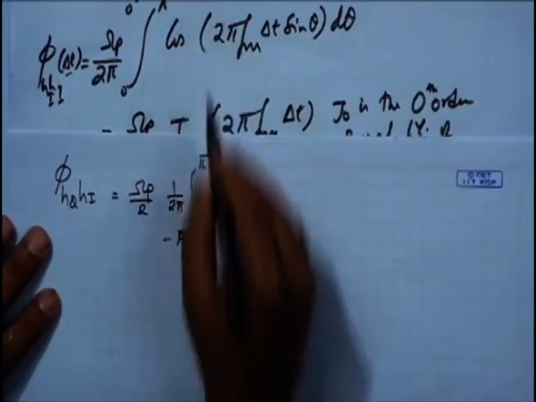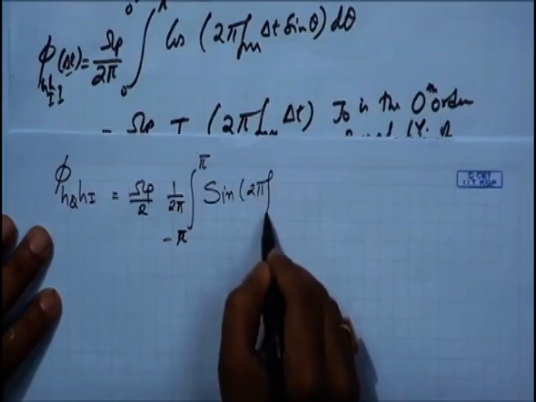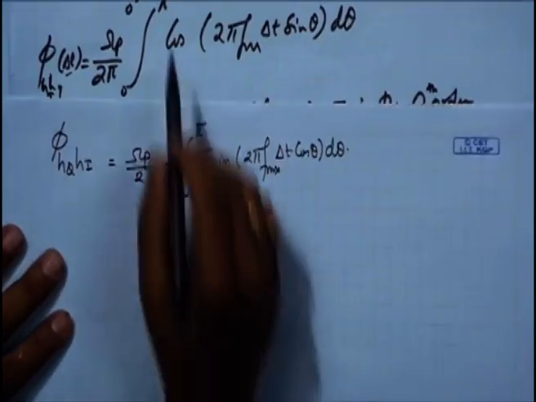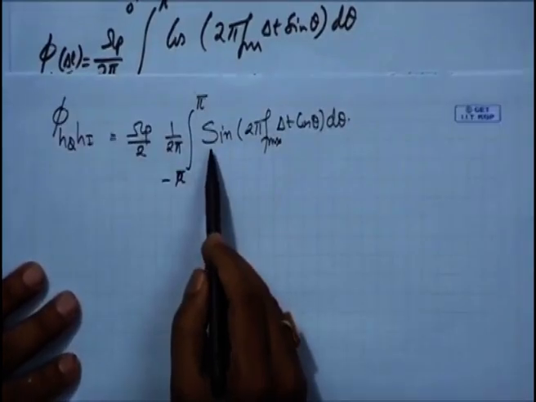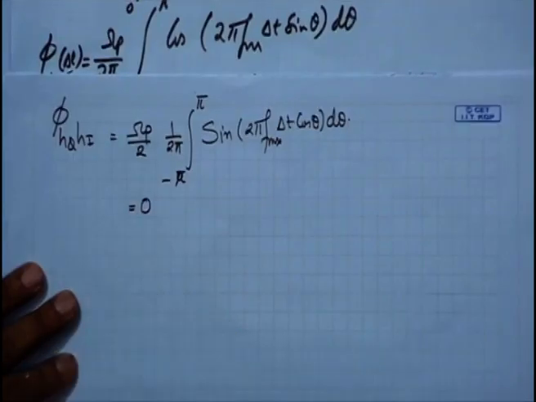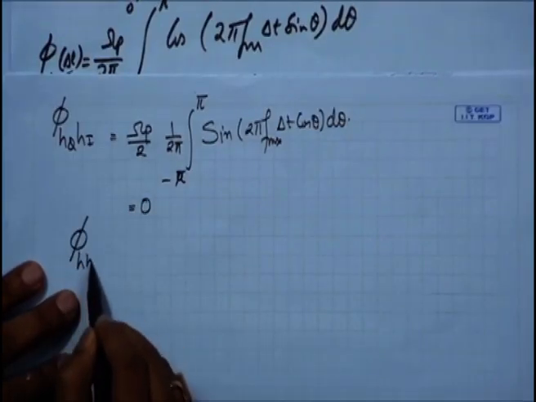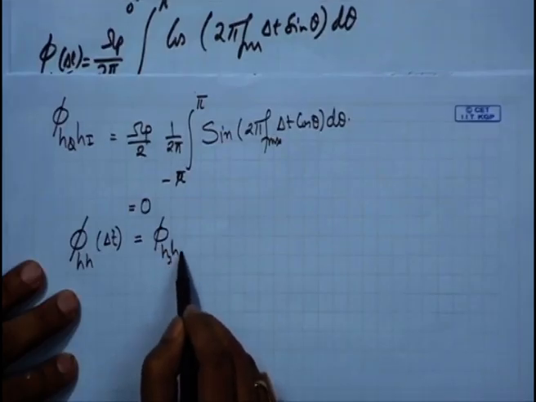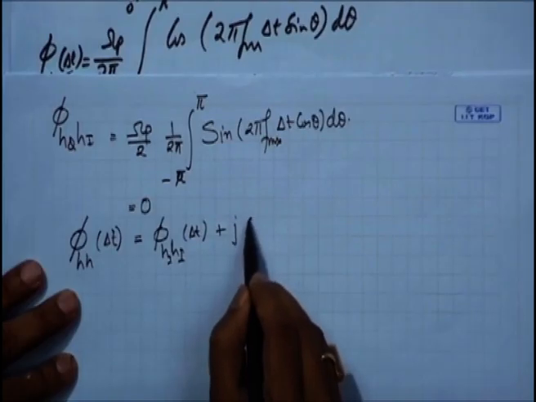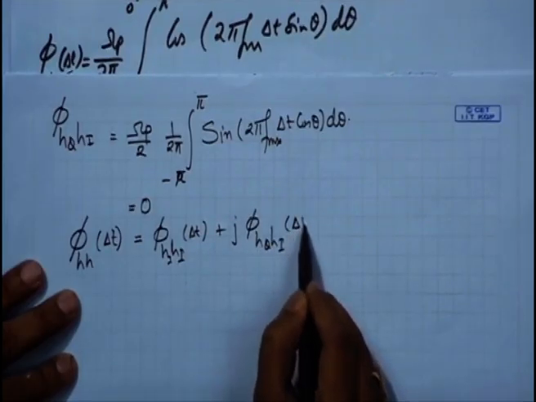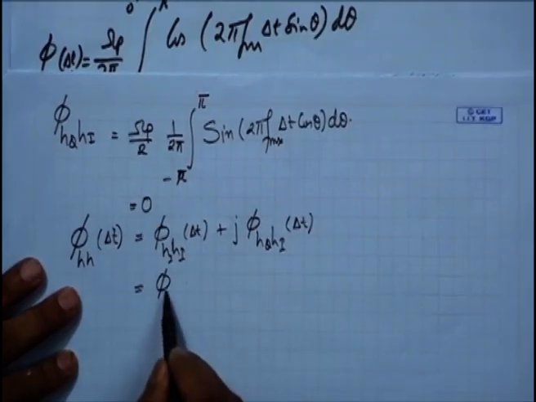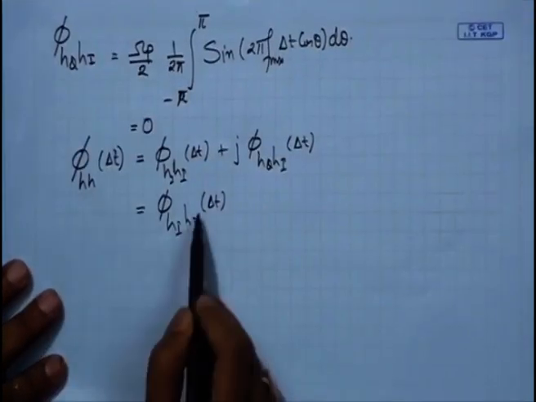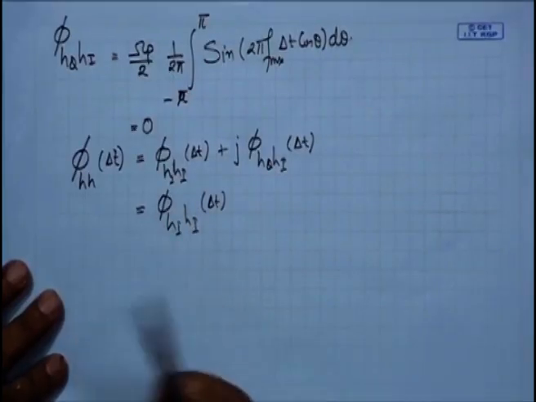Minus pi to pi, instead of cos what we have is a sin 2 pi f max delta t cos theta d theta, and for cos we got this J0, but for sine, since it is an odd function, this will turn out to be 0, and hence phi_hh of delta t would turn out to be phi_hI of delta t plus phi_hQhI of delta t, and this is 0, and then this is equal to phi_hI of delta t, or in other words the correlation of the received signal is completely characterized by the correlation of the I components of the signal.